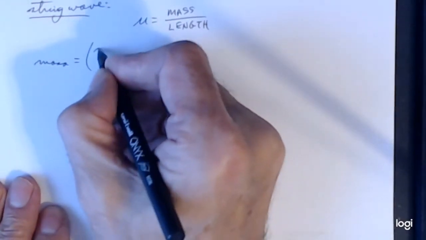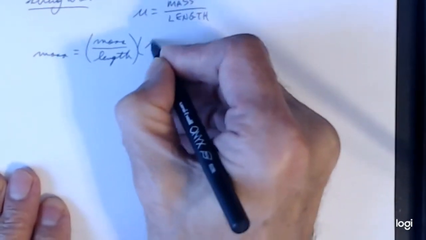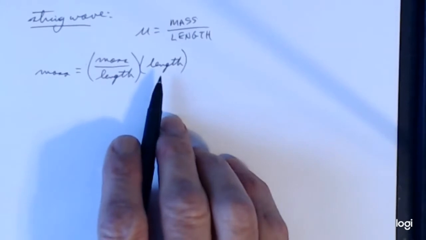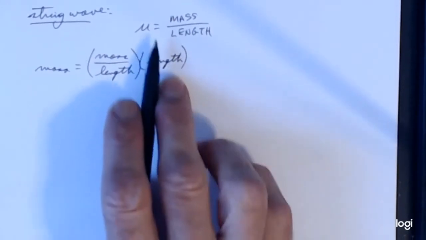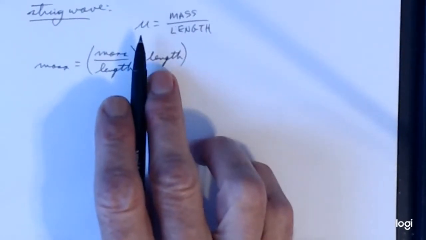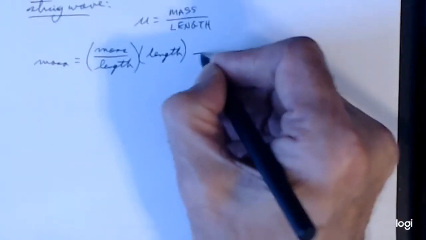The mass of that little piece I was showing you is its mass per unit length times its length. Well, the mass per unit length is this symbol I just wrote down, the Greek letter mu.